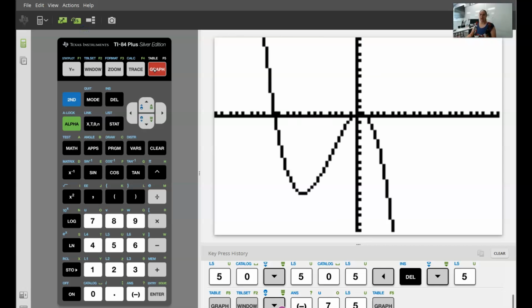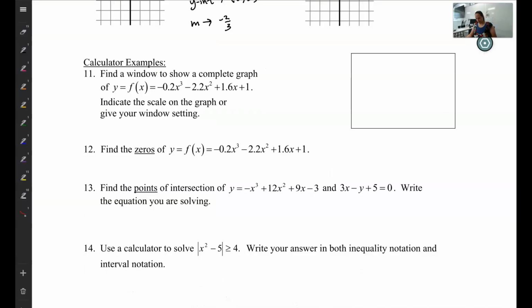That looks like a cubic. Much better. We're good. So then we can go over here. The window that we used, our x's were negative 20 to positive 20, and our y's were negative 75 to positive 50.